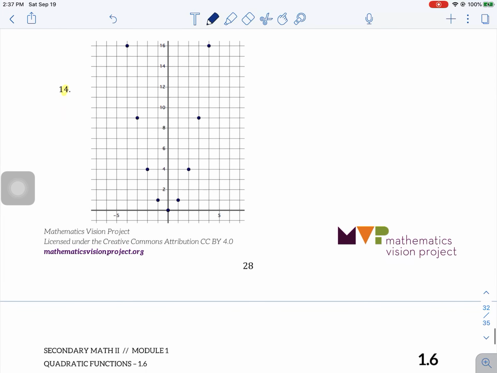Yeah, this one's good too. I like this graphical one. You can see there's a parabola shape, so it has a parabolic shape. Therefore, it is a quadratic. I like this because you can see the symmetry. Here's my line of symmetry.